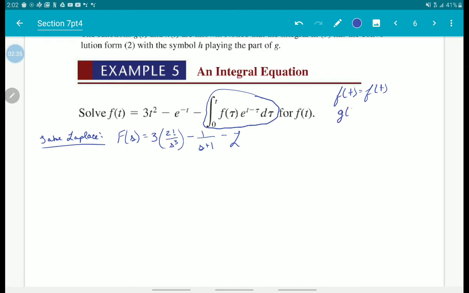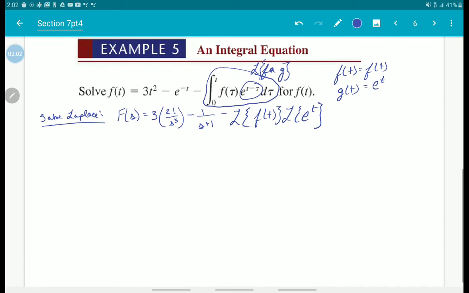Our g of t is coming from this, and it's going to be e to the t. So this is really f convoluted with g. So if I'm taking the Laplace of f convoluted with g, then it would be the Laplace of f of t times the Laplace of e to the t. So let's find those.